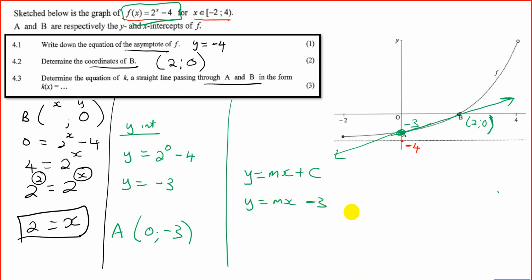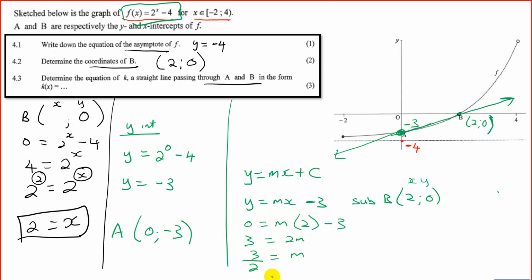So we can sub point B. You could also use the gradient formula as you have 2 points. But I'm going to go the easy way, subbing point B into this equation. y is 0, m we don't know, x is 2, minus 3, and that gives me 2m equal to 3. Dividing both sides by 2, that gives me m to be 3.5.